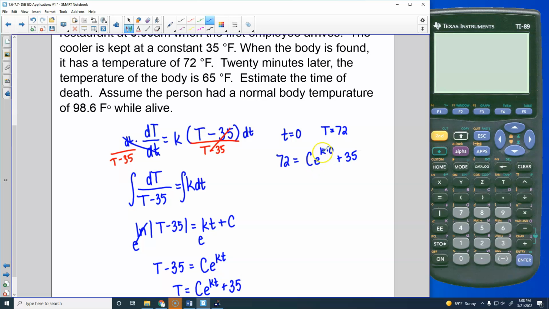So that e to the 0 is just 1. It's going to go away. We subtract this 35, so we get 37 equals C. So now our equation looks like this: T equals 37 e to the kt plus 35.